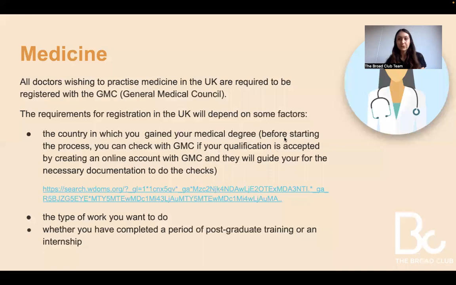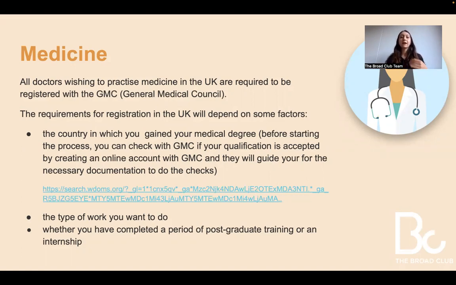However, to make sure and to get a concrete answer, you can create an online account with the General Medical Council and then send your qualification documents, which would be academic transcript and graduation certificate in English. And then they would be guiding you about if there is anything else needed, any additional detail about your curriculum, and give you the decision if they accept your qualification or not.